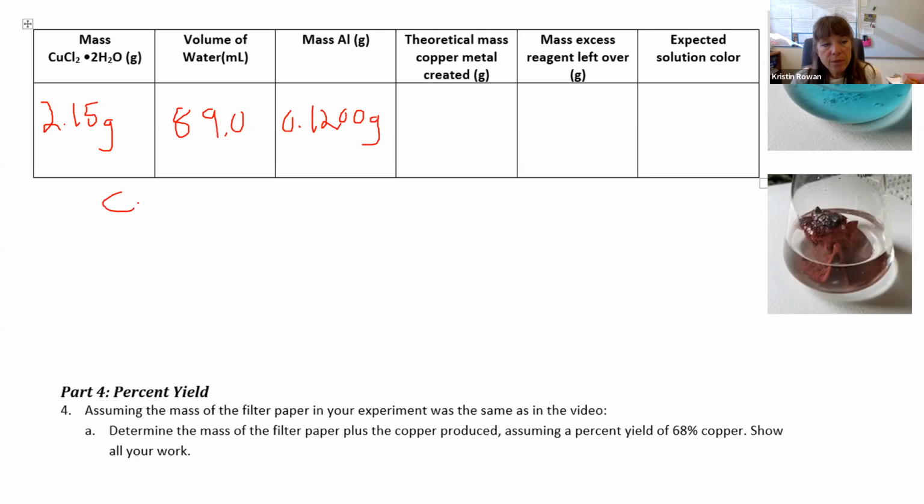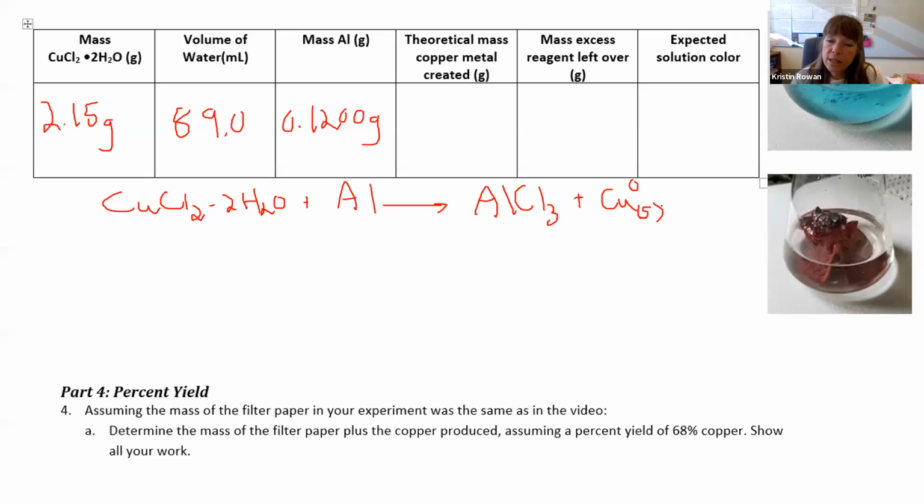So if we think about our chemical reaction that we are working with here, it looks like this. We have this guy plus aluminum to make aluminum chloride. You were given all the products, plus copper metal, copper solid. So you want to put in your phase labels, and I'm going to put a 0 there because it is in elemental state.